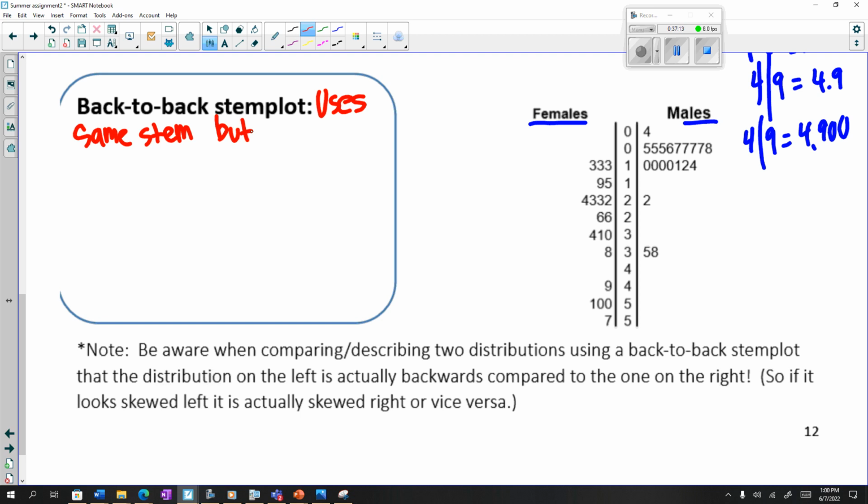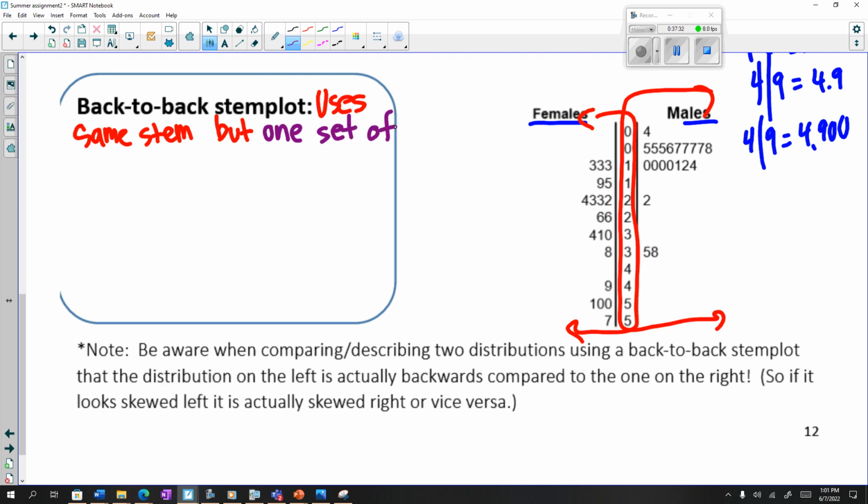but the leaves go differently. The males are very straightforward in this case because you're still reading it from left to right, but the females are actually backwards because you have to read it from inside to outside. So one set of data is backwards.